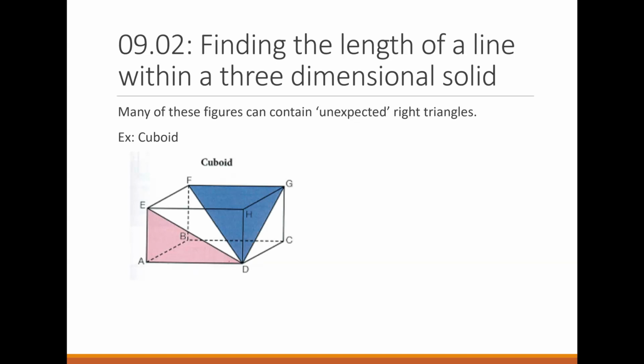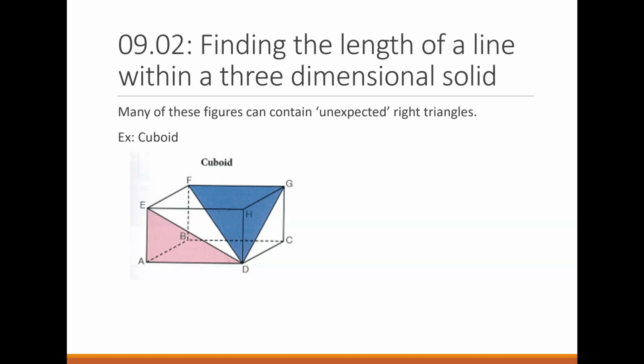So for example, if we look at this cuboid here, the pink triangle, triangle AED, is definitely a right triangle. The blue triangle here, FGD, doesn't look like a right triangle, but it is.